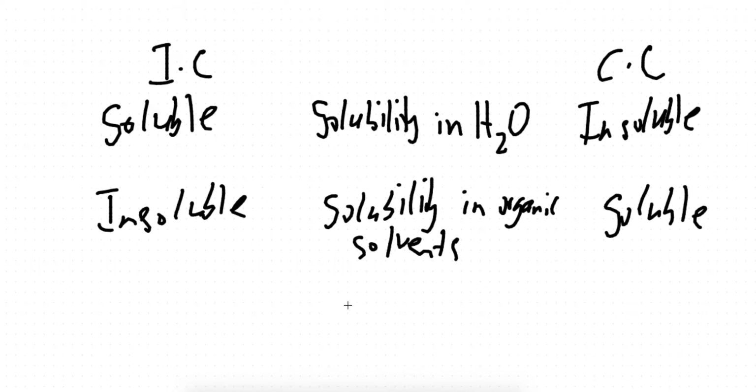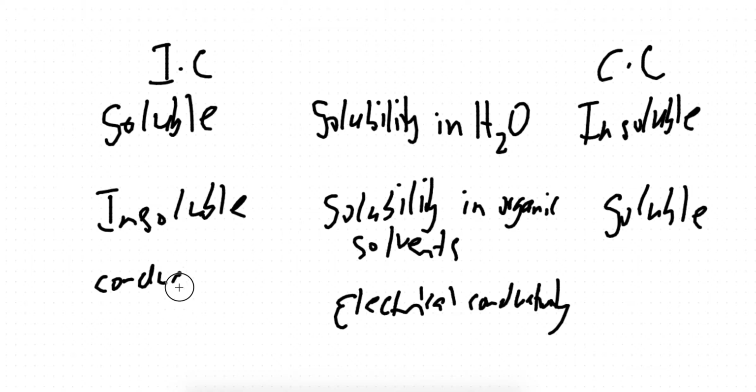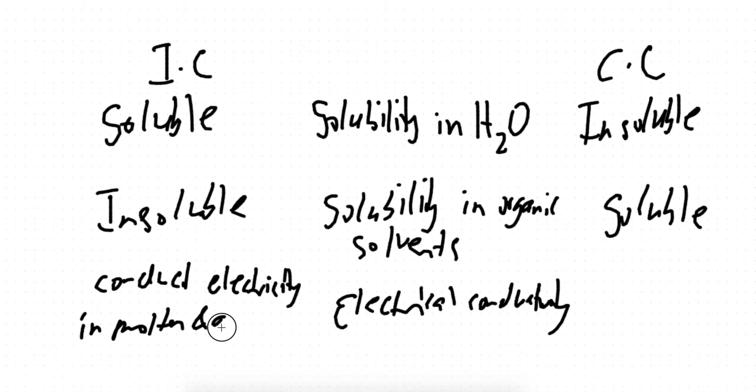The last thing, electrical conductivity. Ionic compounds are able to conduct electricity, but there is a catch guys. They are only able to conduct electricity in molten and aqueous form. And what does molten and aqueous mean?